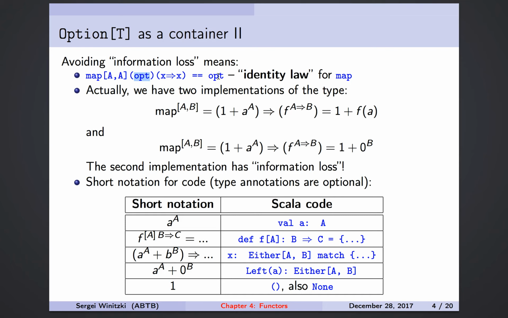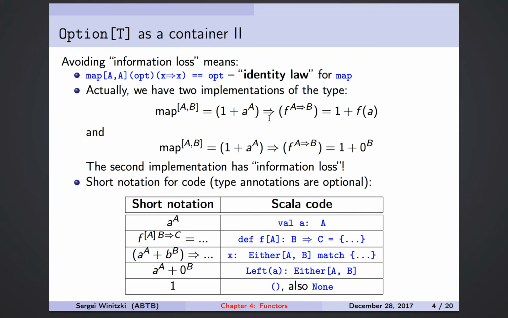So this is the law, which is called the identity law for map. And let's apply this law to this case. So actually, if you try to implement this function, there are two ways of implementing it. One would be the reasonable one, that is, if, so this is a short notation for code, but you have done this in the Scala exercises in a previous tutorial, so I assume you understand what Scala would be for this.